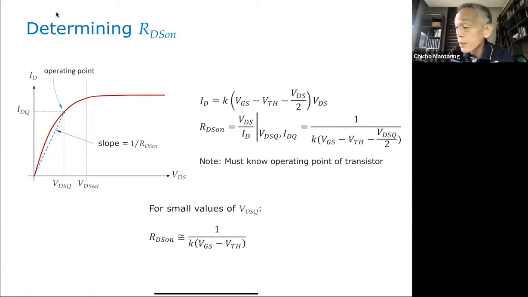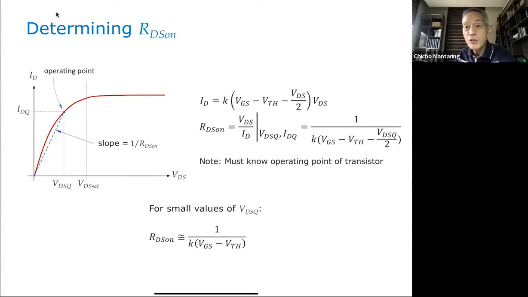Usually, your value of VDS is going to be small with respect to VGS minus VTH. So for small values of VDSQ, small values of VDS at the operating point, I can just neglect this, and this is going to be my approximate value of RDS on.